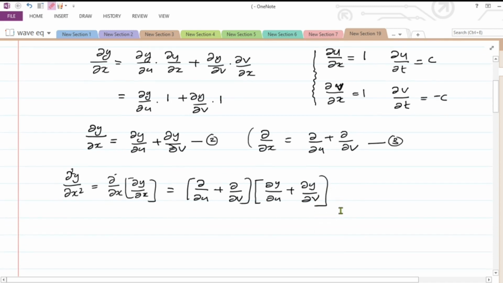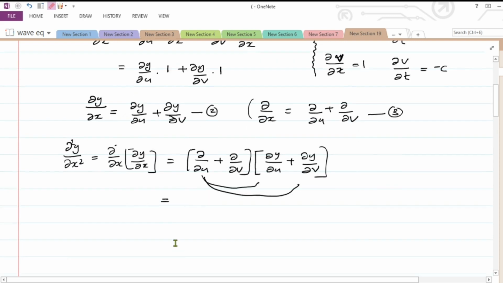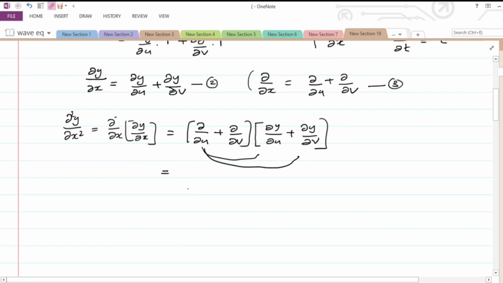Now we take this operator inside, component wise. What we get is dou square y by dou u square plus dou square y by dou u dou v plus dou square y by dou v dou u plus dou square y by dou v square.